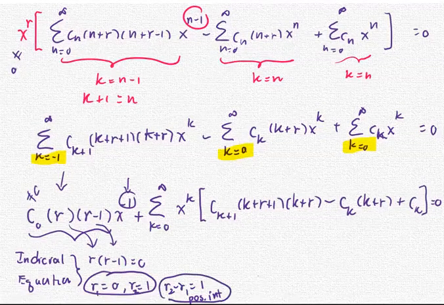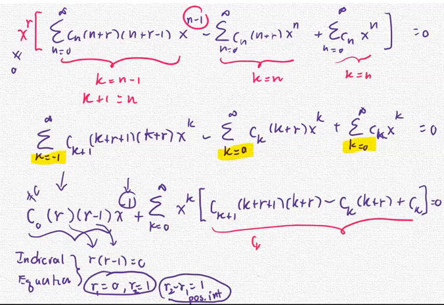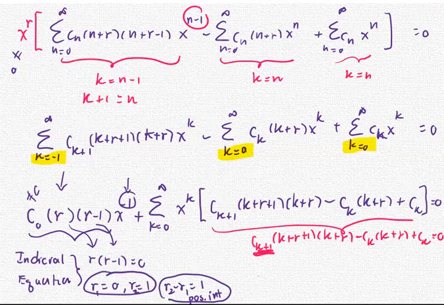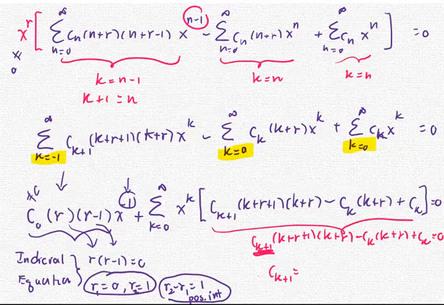And set it aside. The group here will give us the recurrence relation as c k plus 1 times k plus r plus 1 times k plus r minus ck times k plus r plus ck equals 0. Again, we are solving for the higher index. Then we have c k plus 1 equals, move the ck factor over to the right-hand side.